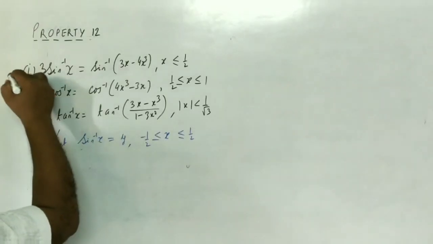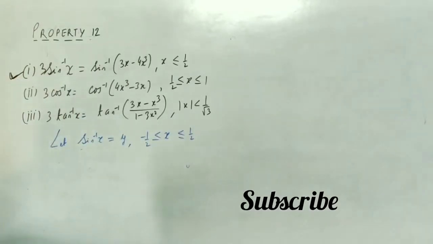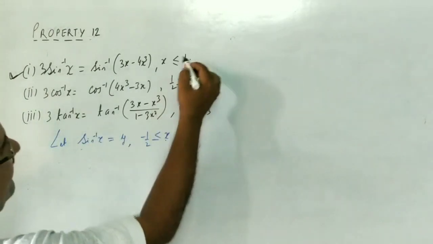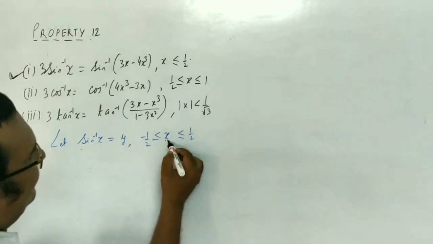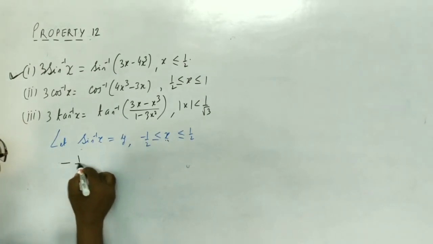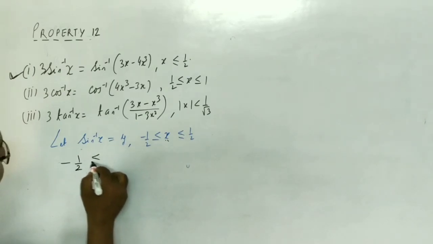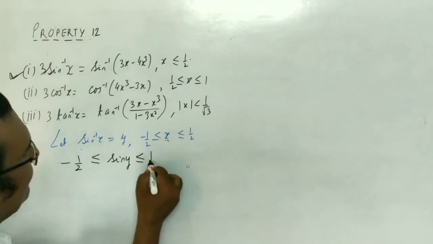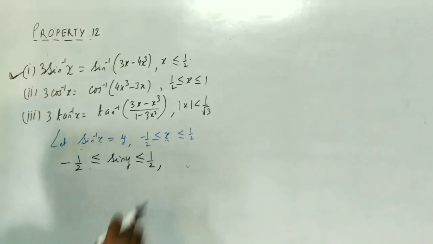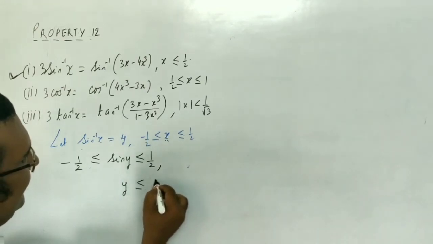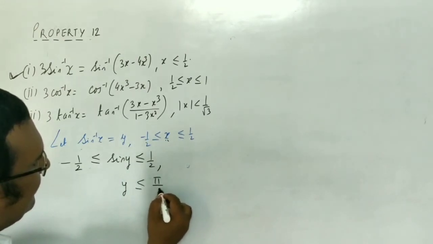Property 12, the first one I will prove. I'll take sin inverse x as y. This is also given here. So in place of x, if we write y, I can write here minus 1 by 2 less than or equal to x less than or equal to 1 by 2. x is sin y. So can I write from here that y is less than or equal to sin 30?